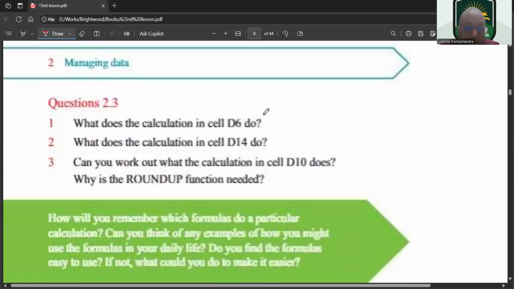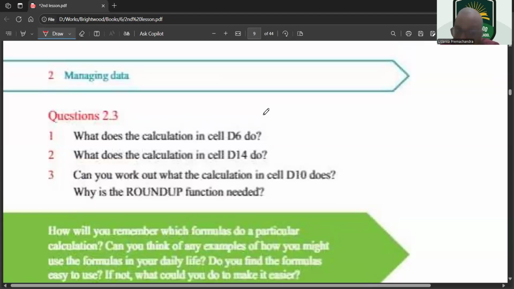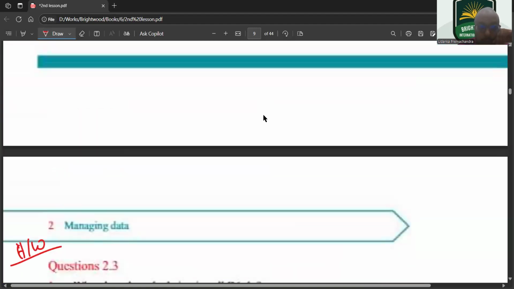So here the formulas are running on the exact cell range. Here is an example question for you. You can do this question at home. What are they asking? What does the calculation in cell D6 do?